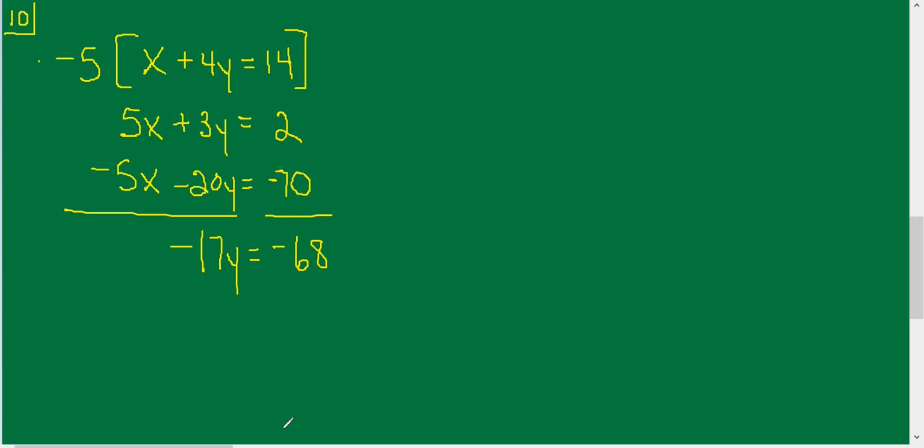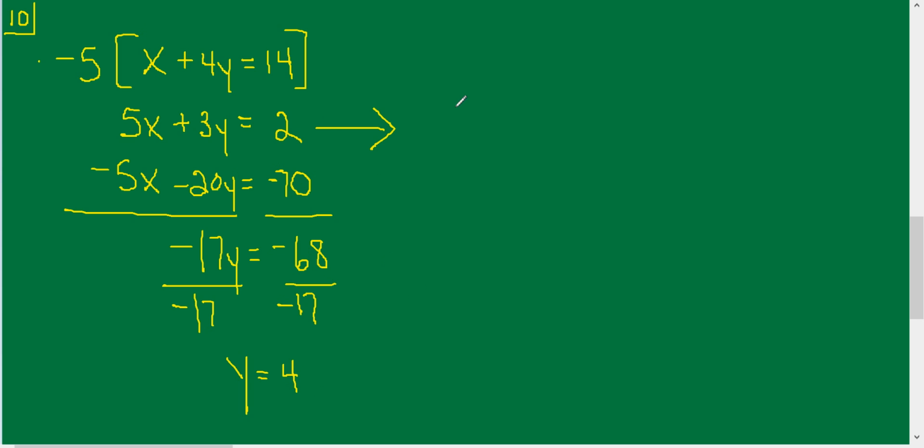Okay, kind of odd numbers, but divide both sides by -17. And therefore y is going to equal, what is that, 4? 50, 68, yeah, so y equals 4. Alright, bring this one out here.